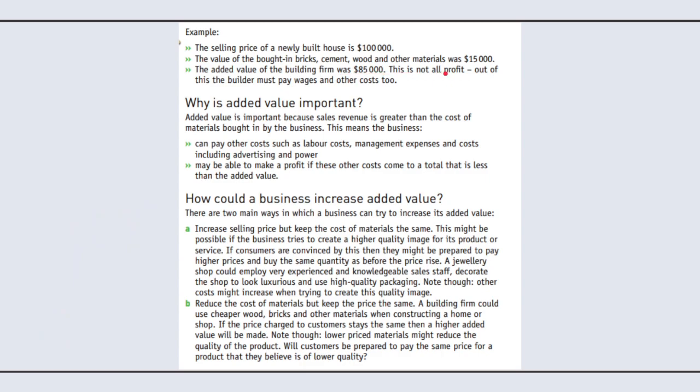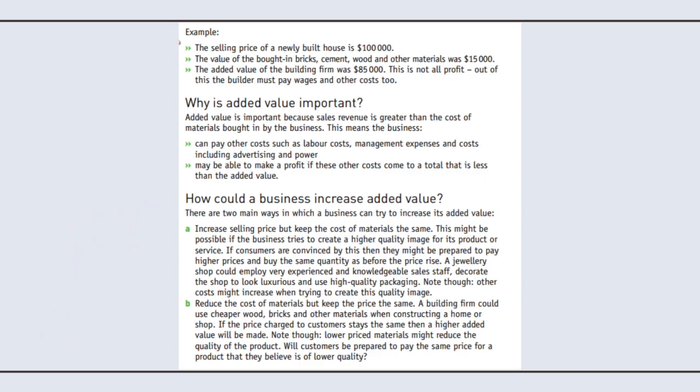So why is added value important? It's important because sales revenue is greater than the cost of materials bought in by the business. This means the business can pay other costs such as labor costs, management expenses, and costs including advertising and power.